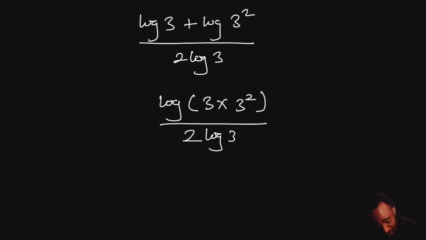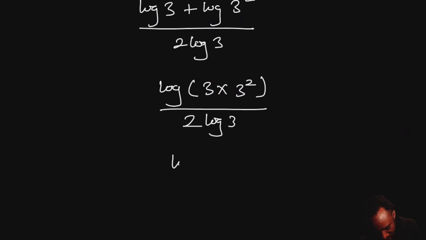And according to the laws of indices, when the terms are multiplying each other and they have the same base, we write one of the terms and then add the exponent. So we get over here log 3 raised to the power 1 plus 2, and this will be 3. So we just write it straight away. 3 all over 2 log 3.